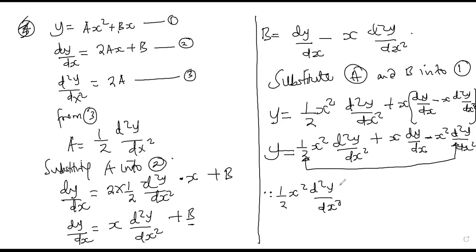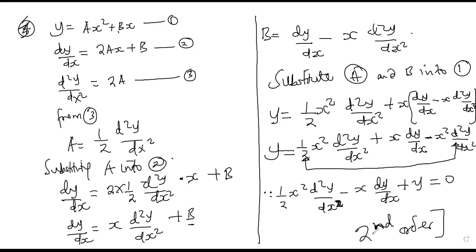Then if I bring this on this side, it will be minus x dy dx, then plus y is equal to 0, which is second order because the highest derivative has got n as 2. So this is my second order differential equation.